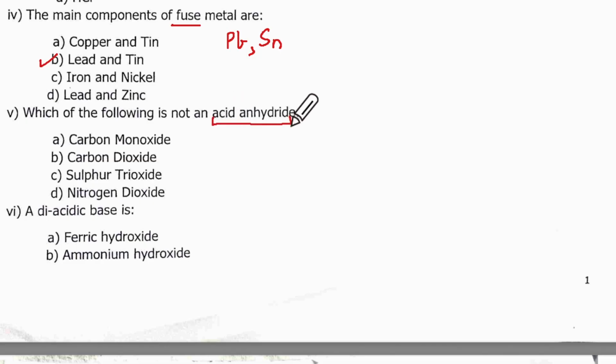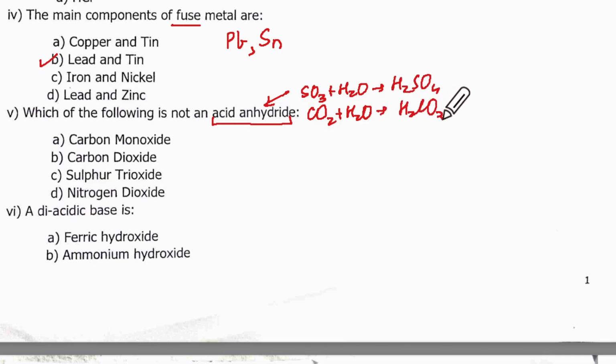Now acid anhydride means it will be like SO3 plus H2O gives H2SO4, like CO2 plus H2O gives H2CO3. Understanding? Now which one is not? Carbon monoxide will not give the acid. This will give the acid, this will give the acid.